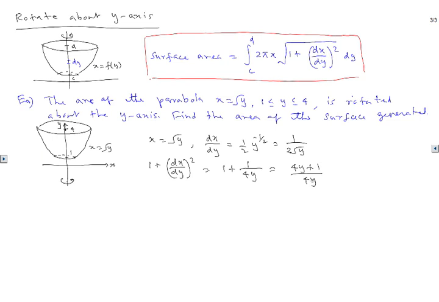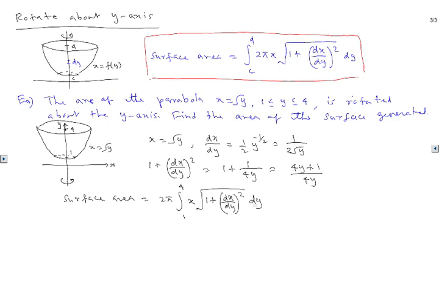Okay, now we can use the formula. So the surface area equals 2 pi, the y value is going from 1 to 4, so it's going to be x times the square root of 1 plus dx over dy squared, dy.